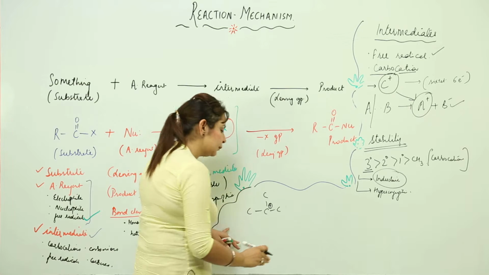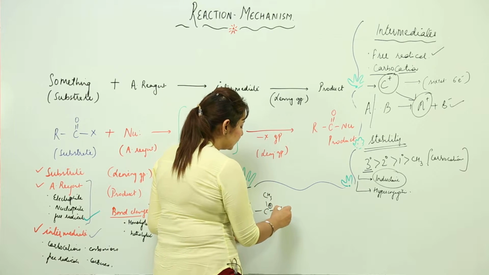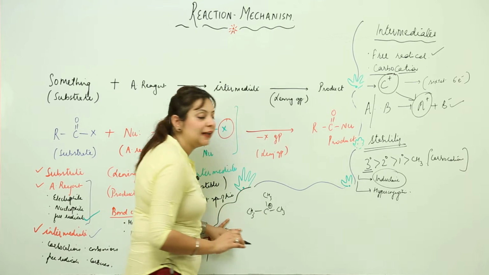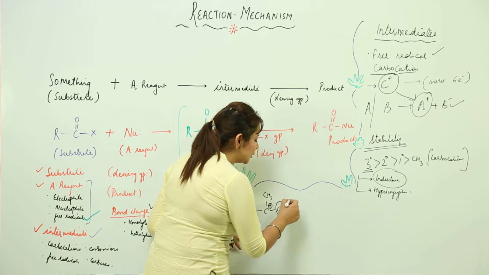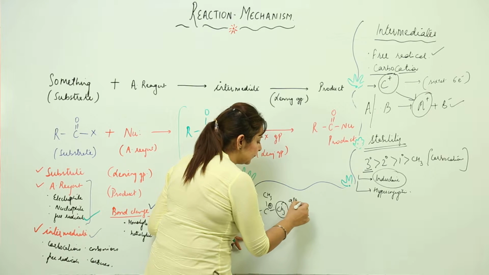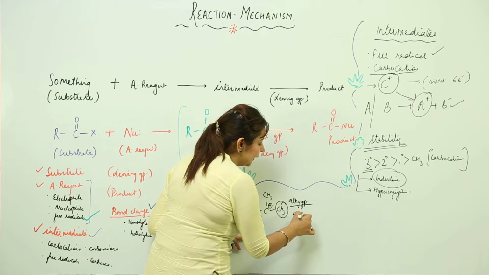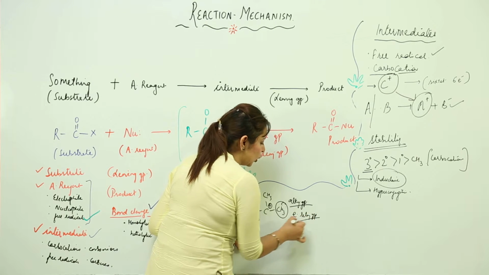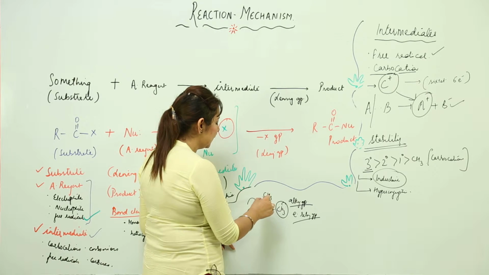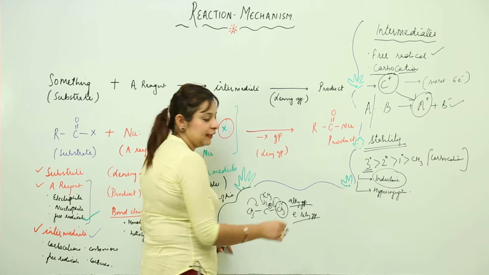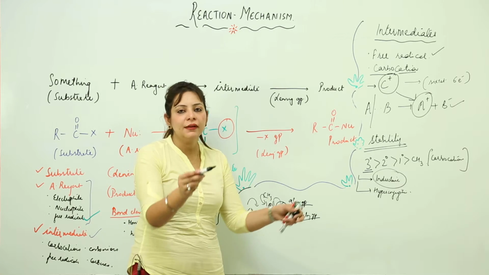There are these alkyl groups attached to it, and as we know, alkyl groups are electron releasing groups. So this alkyl group can release an electron, this can release an electron, this can release an electron. So the more the alkyl groups, the more the release of electrons.